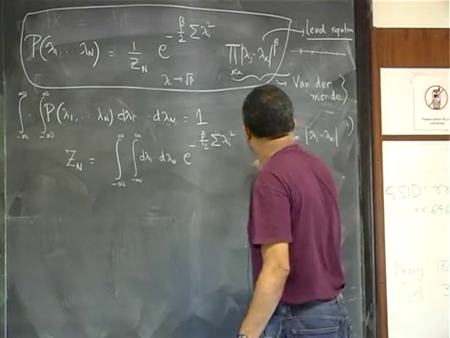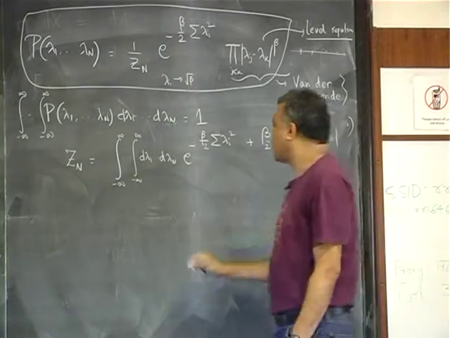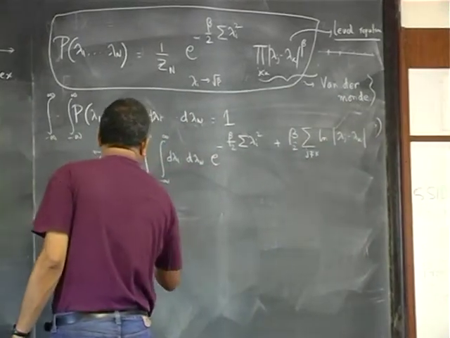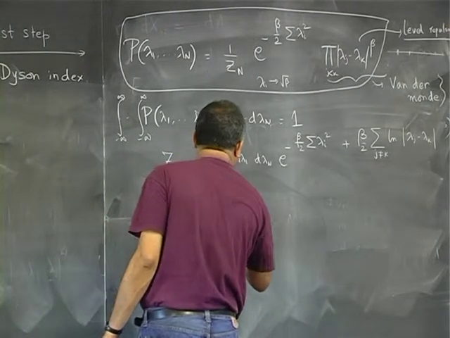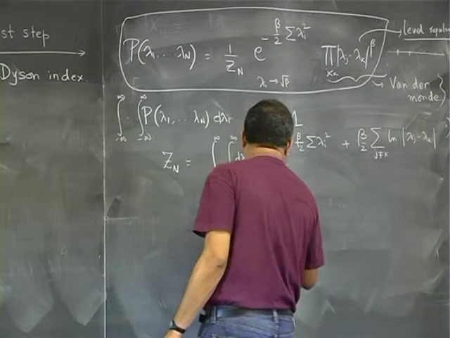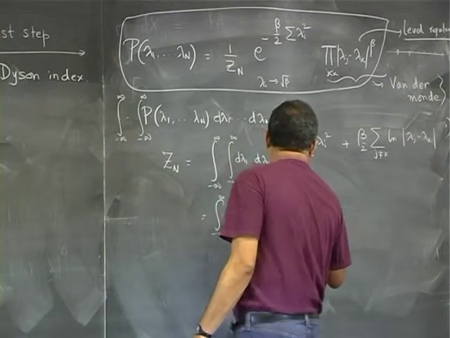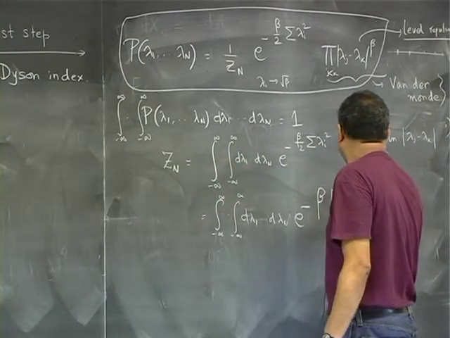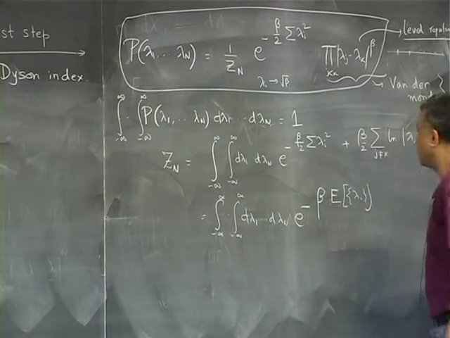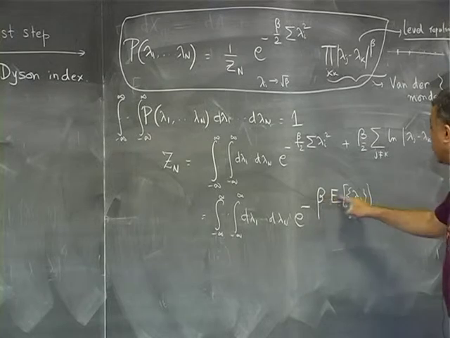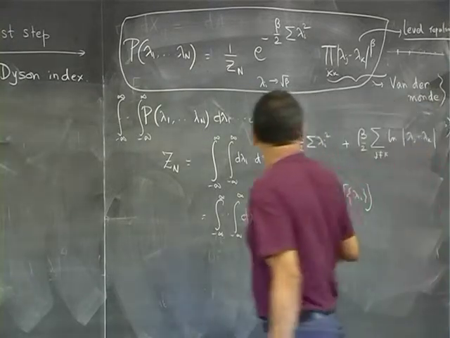So now what is this? You can write this as e to the power minus beta E of lambda i. And what is this E of lambda i?